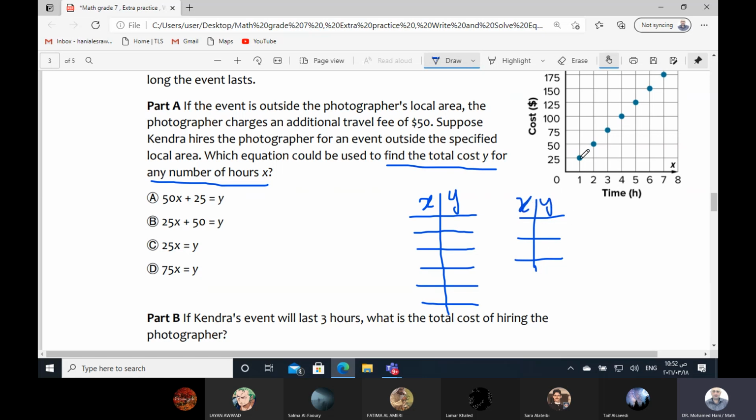Okay, go to the first point. 1 in x, 25 in y. The second point, 2 in x, 50 in y.